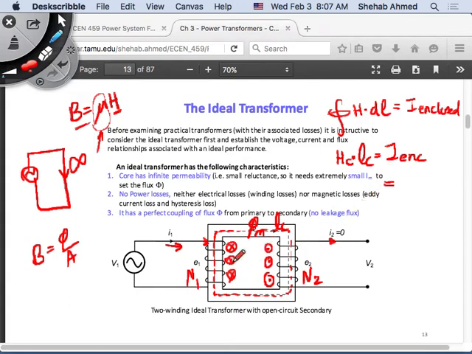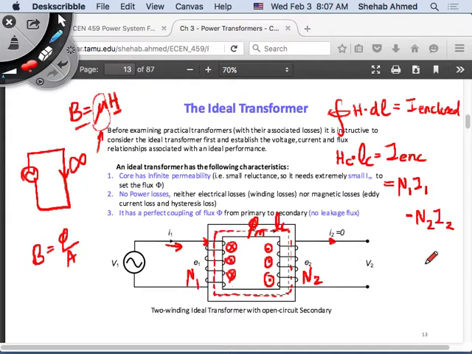They're opposite in direction, so the currents are opposite in direction inside the closed path. So N1, the turns on the primary multiplied by the current in the primary, minus the turns in the secondary multiplied by the current in the secondary, is what's enclosed. This is the amount of current that we have in this closed path here.